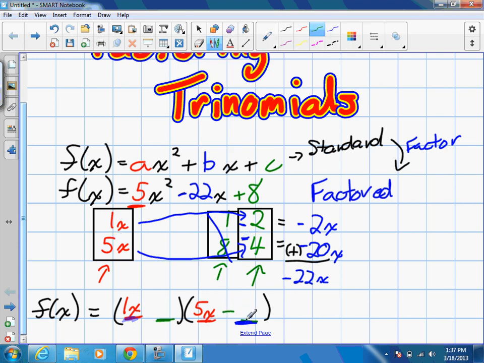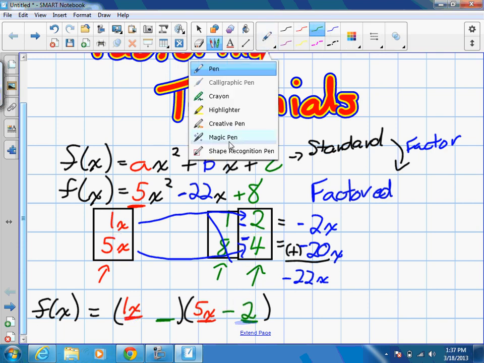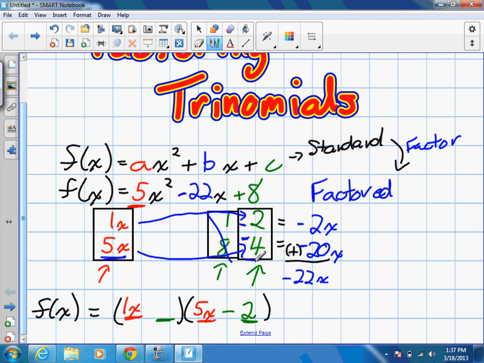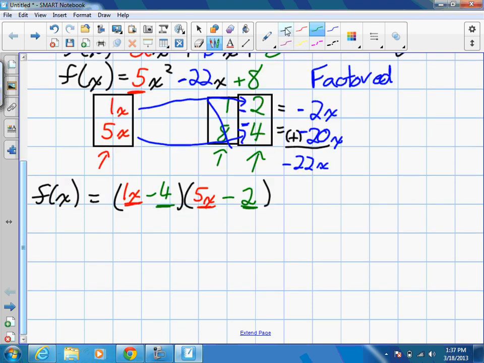And because we multiplied 5x and negative 4, 5x and negative 4 have to go into opposite brackets. Okay. So this is our answer. I'm just going to rewrite it in black so it looks a little more permanent. I'm not changing anything but the color here. Our answer is x minus 4 and 5x minus 2.